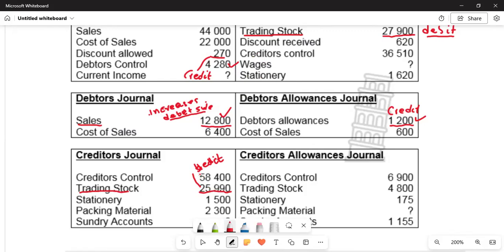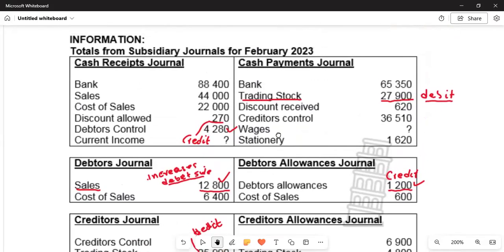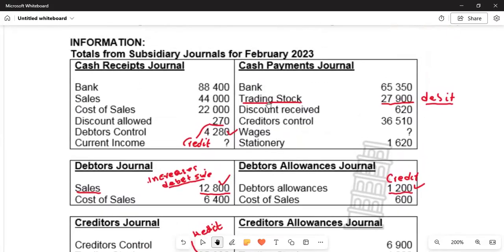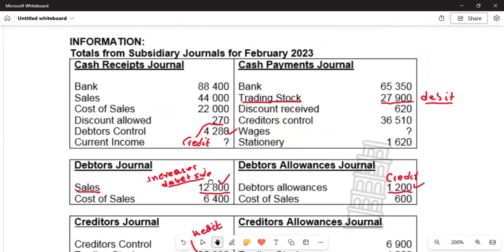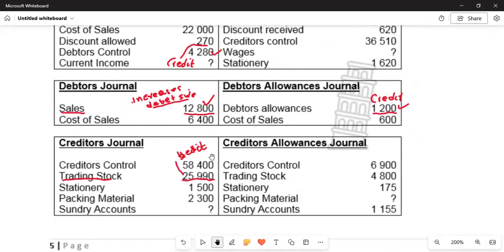When you buy it, it means the debit side is going to be increased. So it can increase whether you buy it on cash or you buy it on credit. So remember, this one was paid by cash. This one is bought on credit. But because you are still paying for stock, it is going to be recorded on the debit side. So I hope it makes sense.